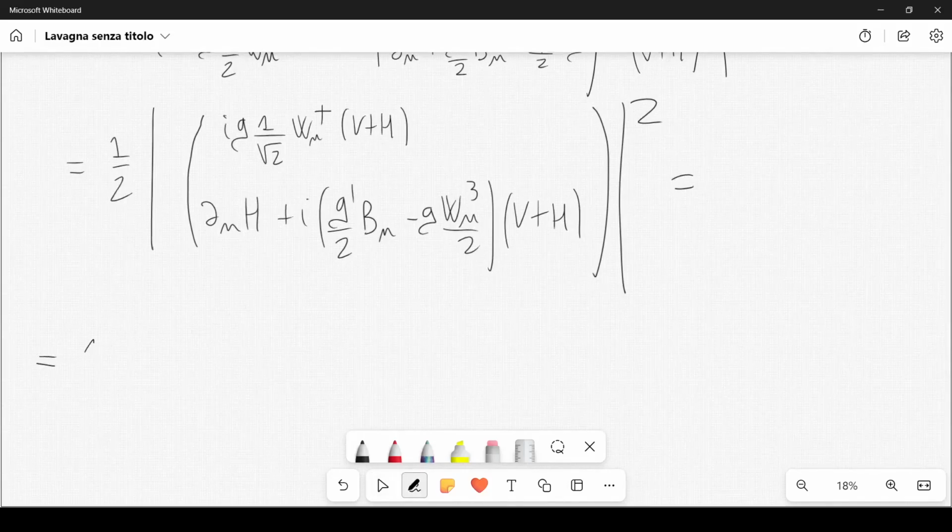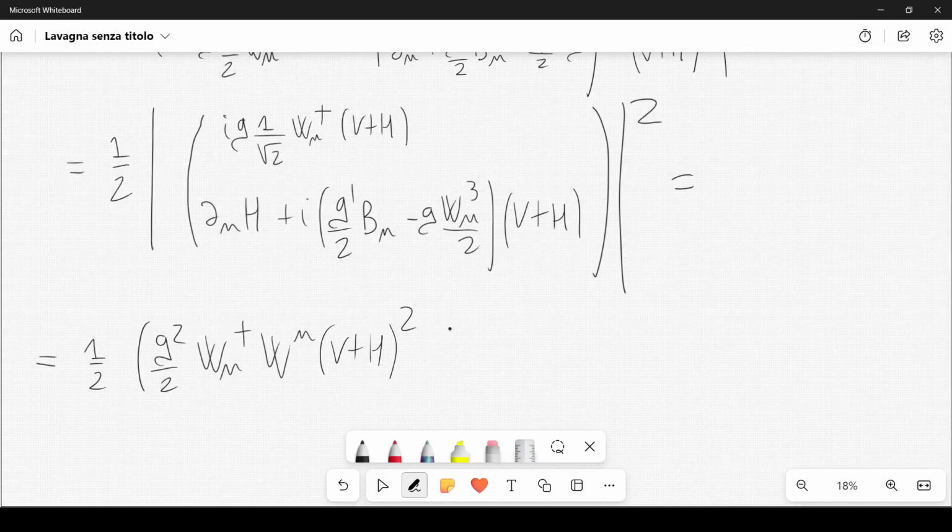It's quite simple. We have 1/2. Then we have g squared over 2 W mu dagger W mu from the square of this. And I also have v plus h squared plus d mu h d mu h. So this is the square of this first term. So when you take the mod squared, this is what you're going to get.